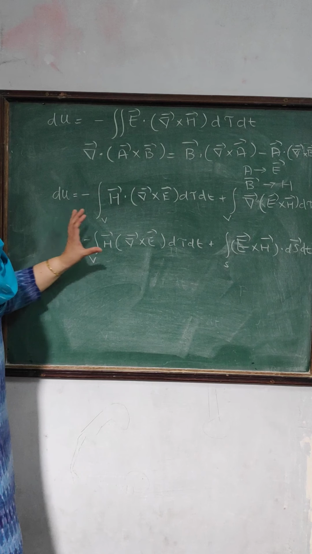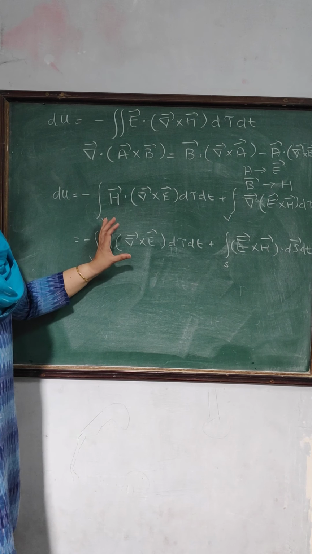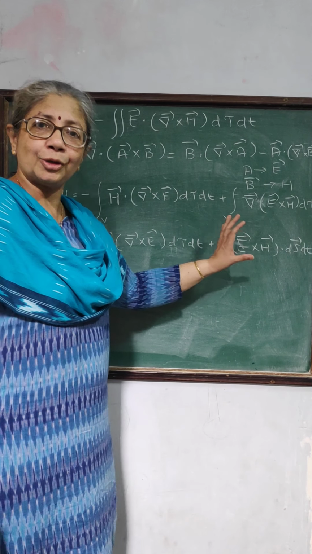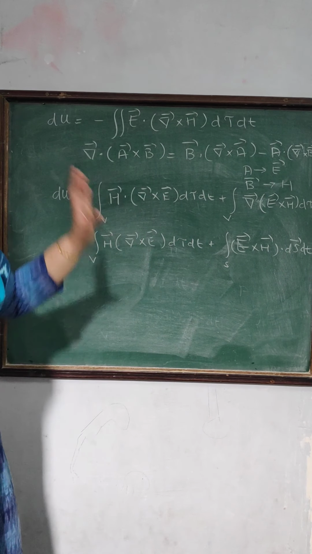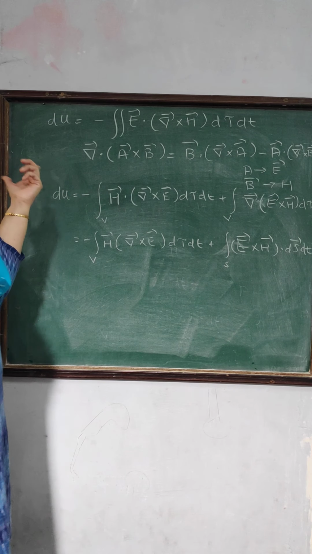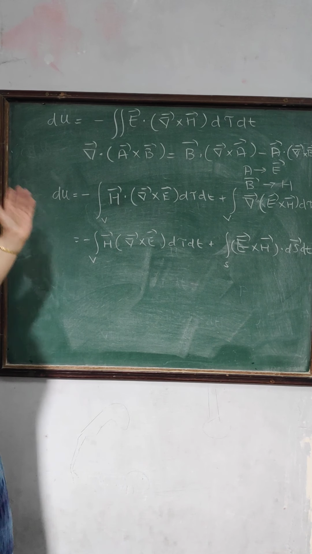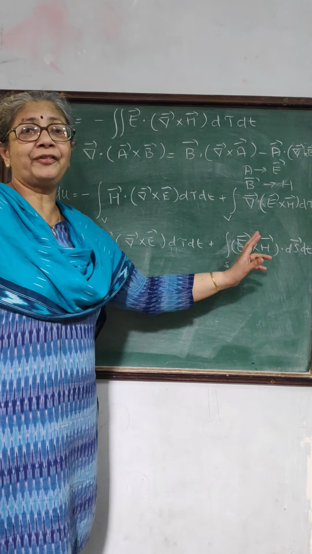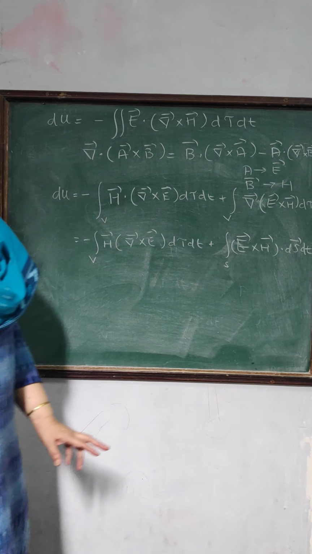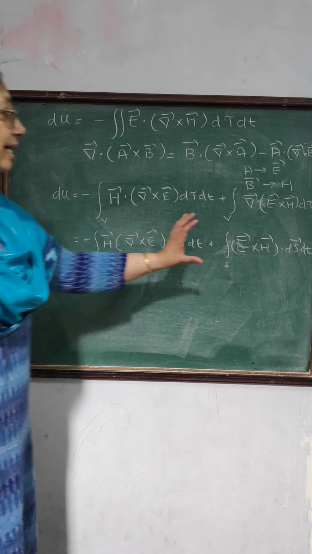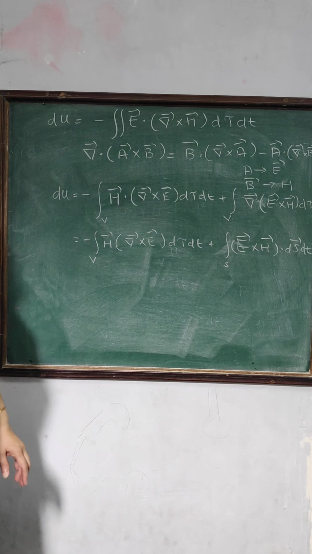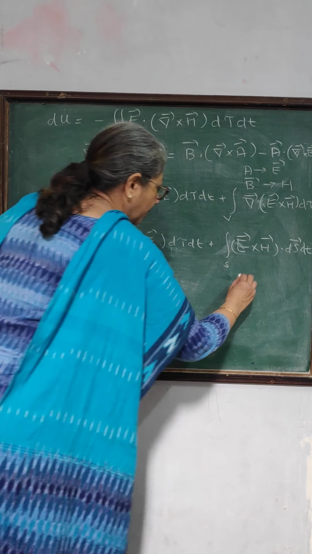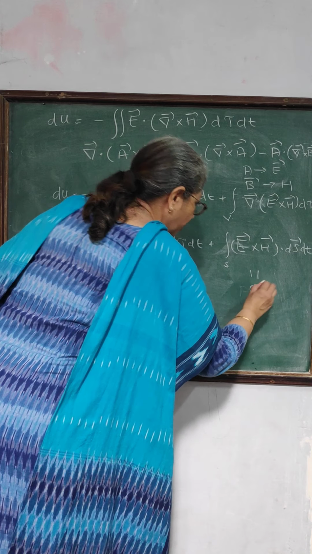Now you have to take this volume integral over all space. That means the surface integral should also be taken on a closed surface whose boundary is at infinity. But at infinity, the electric field and the magnetic field become equal to 0. As a result, this surface integral becomes equal to 0. Why?